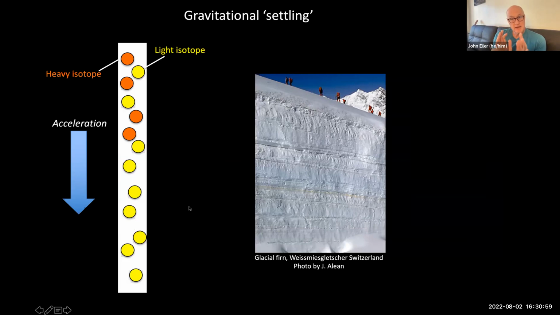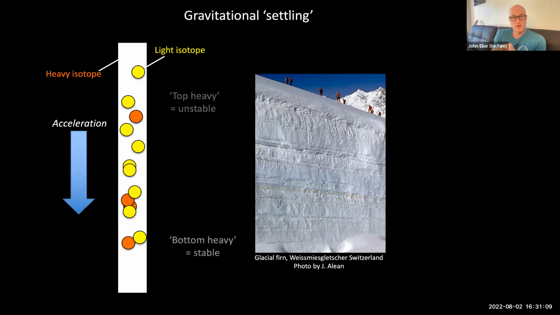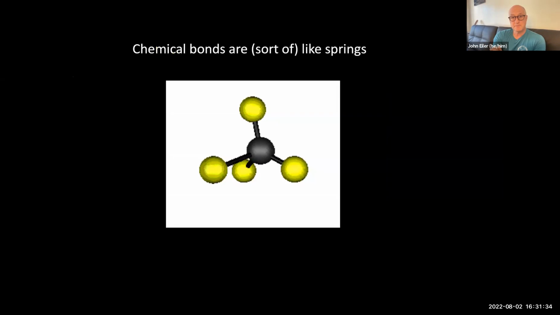If I allow them to settle with no wind blowing through them, no convection overturning them, nothing stirring them, they'll spontaneously settle so that the heavy isotopes are preferentially distributed at the bottom and the light isotopes at the top. And we can use this signature to figure out how thick columns of gas were, because it takes time for the sorting to occur. We can sort of date the gases that are in densely packed columns of sediment, and there are other tools that emerge from this as well.